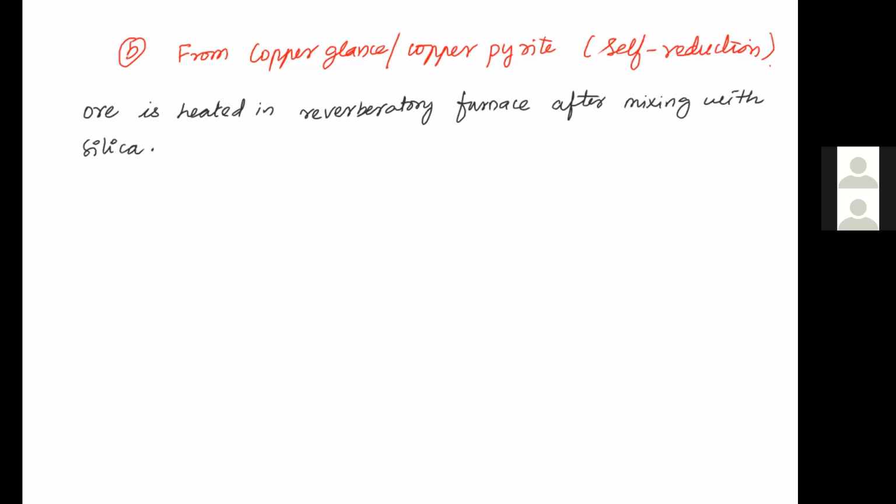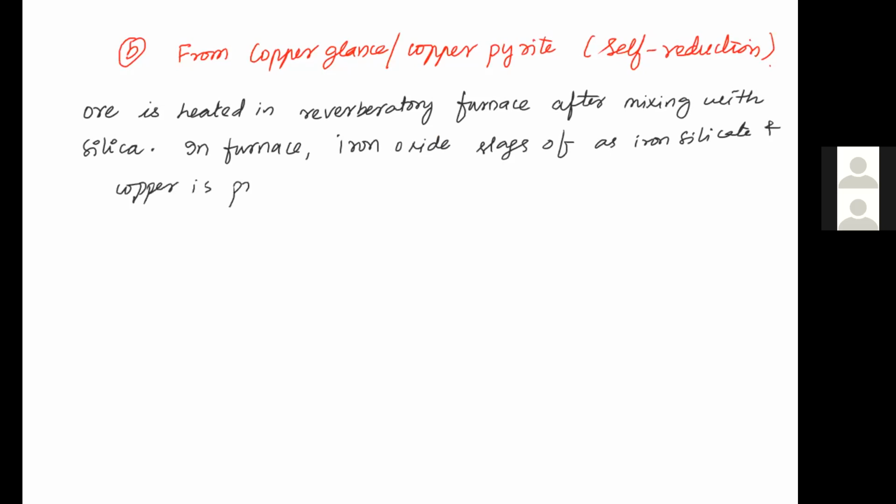So what happens in the furnace? In the furnace, iron oxide slags off, means convert into slag as iron silicate, and copper is produced in the form of copper matte.